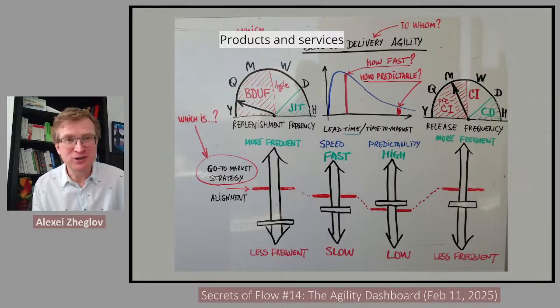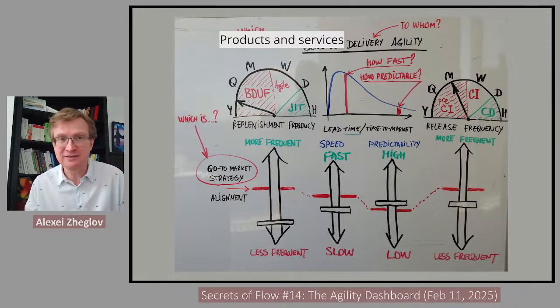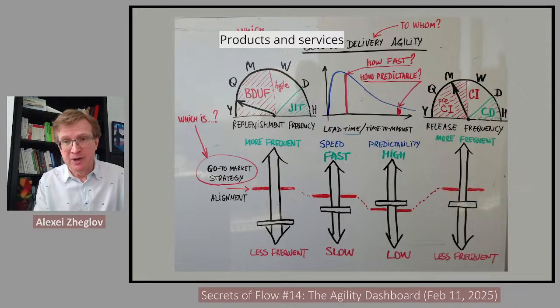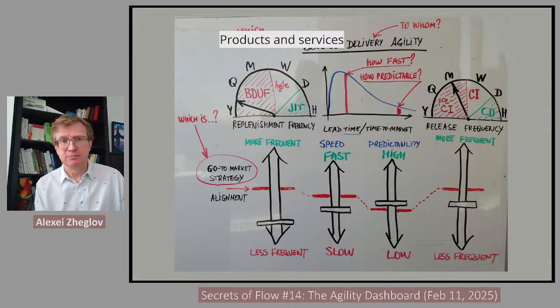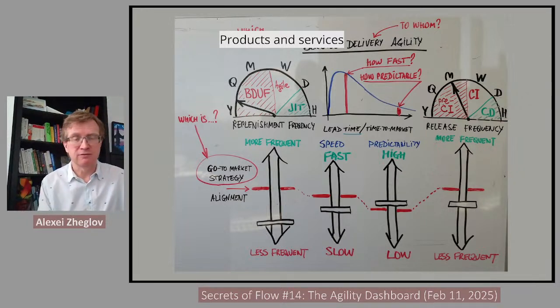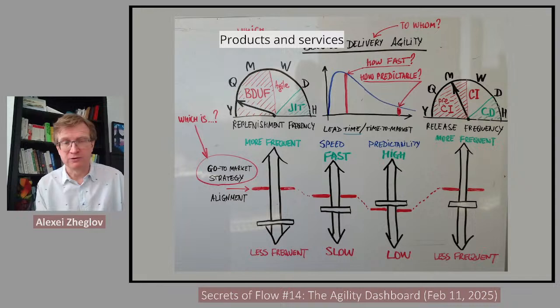And if you need to run one experiment, great. If you need to run 2 or 3, still great. If you need to run 10 or more, it's still great because each cycle is very fast. So yes, it is an inherently unpredictable process, but you can hack it by strictly time boxing experiments and making them very fast. So that's again how this particular agility dashboard could potentially inform the choices you make about your process.